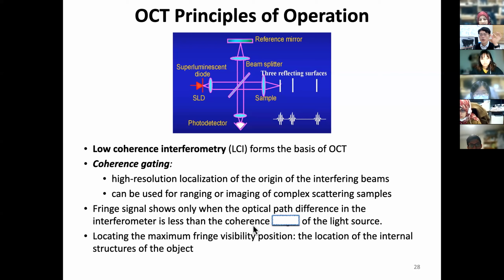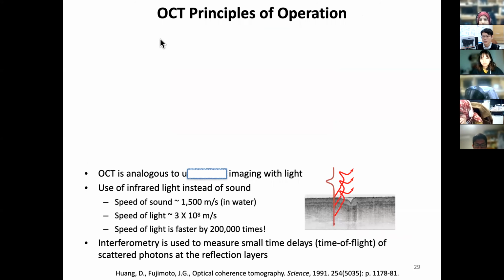Exactly, whenever the two paths are within the coherence length, you can have interference; otherwise, no interference. So locating the maximum fringe visibility position gives the location of the internal structure of the object, so you can match one-to-one and have a nice Z scanning of the image.